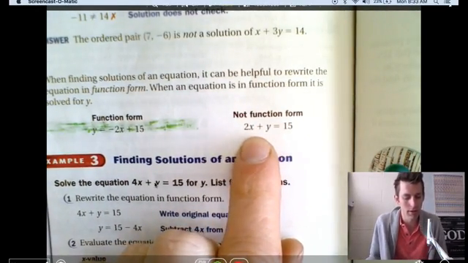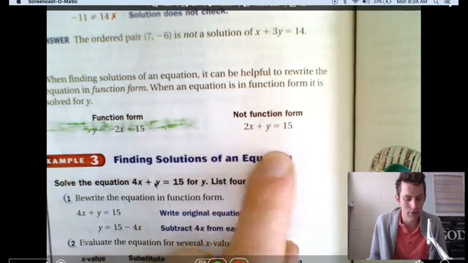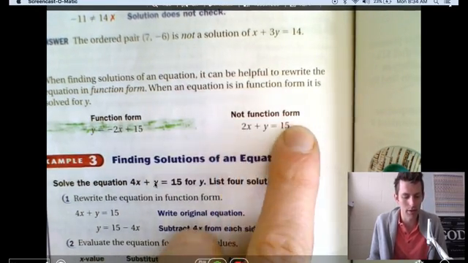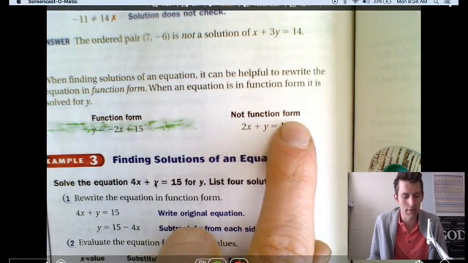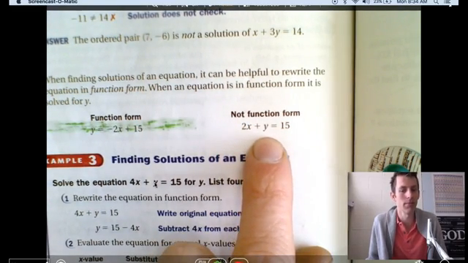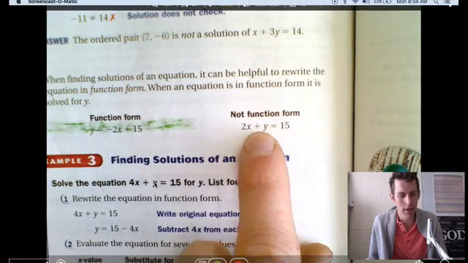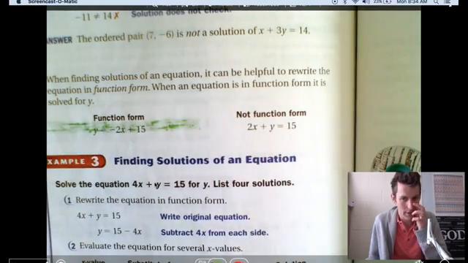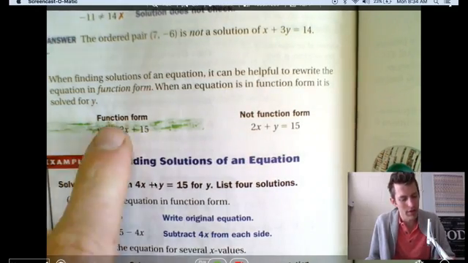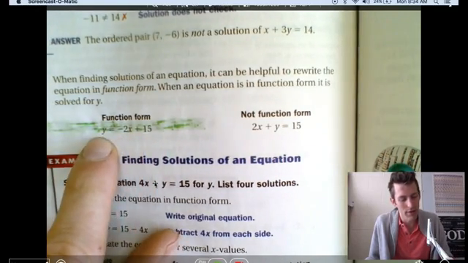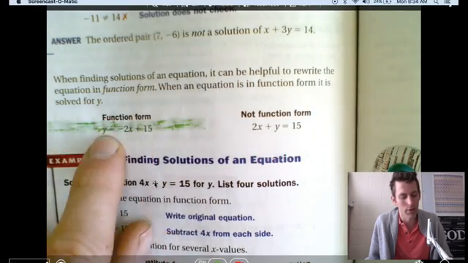If I plugged something in for x, I'd have to do a bunch of side switching and whatnot to figure out what y is. So this is not in function form. It is an equation in 2 variables. It's an equation because there's an equal sign and there's 2 variables, but it's not in function form, not vending machine form. So the best form to have things in is this function form.